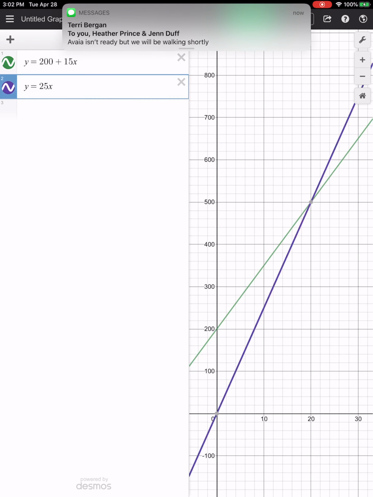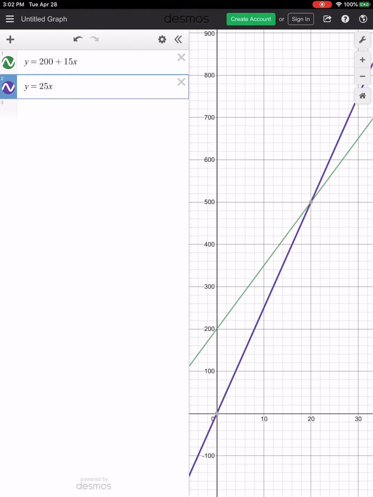I click on either one of them, and there's my intersection point at 20 and 500. So for 20 hours of work, both companies are going to pay $500.